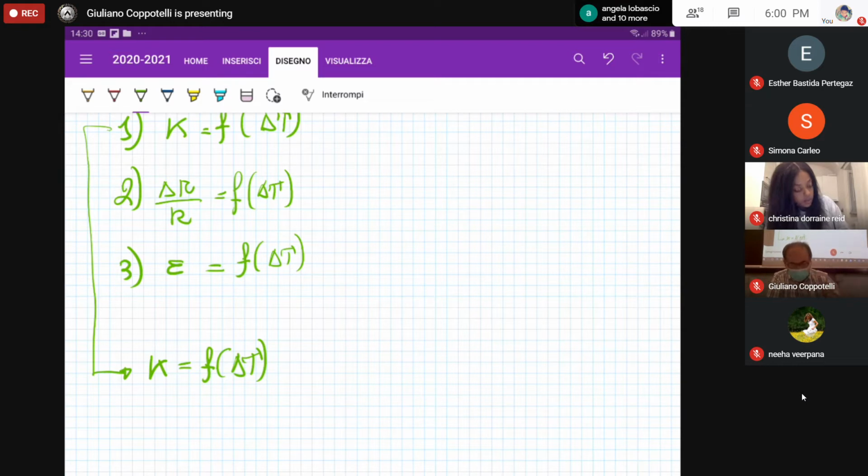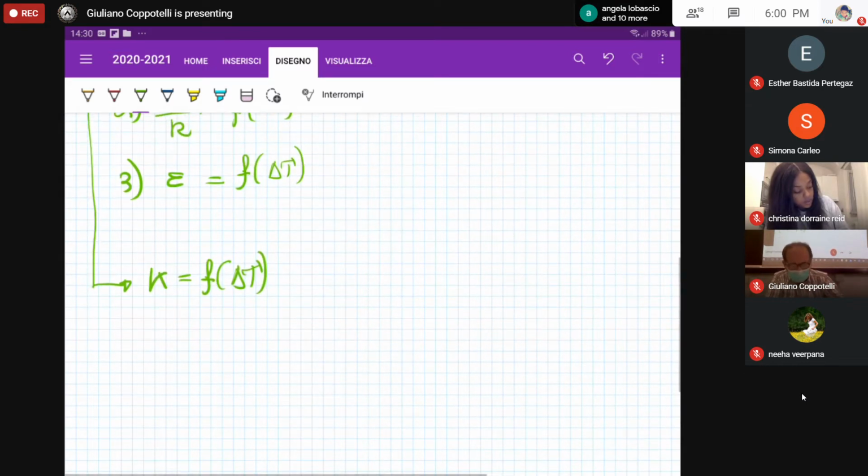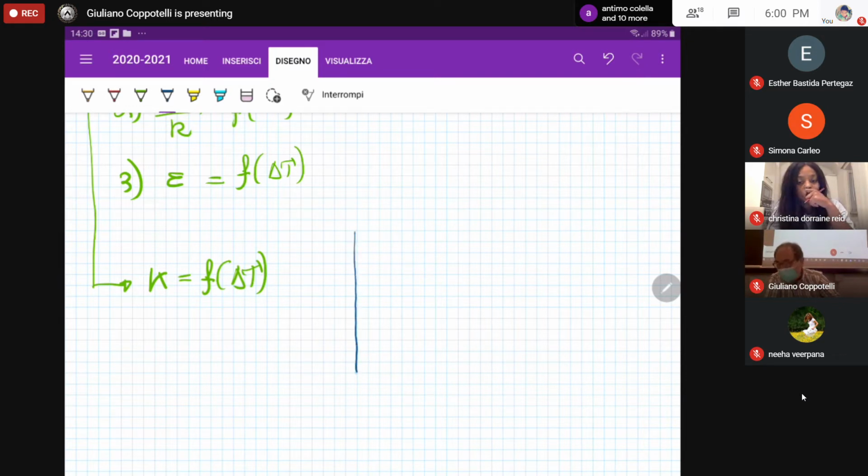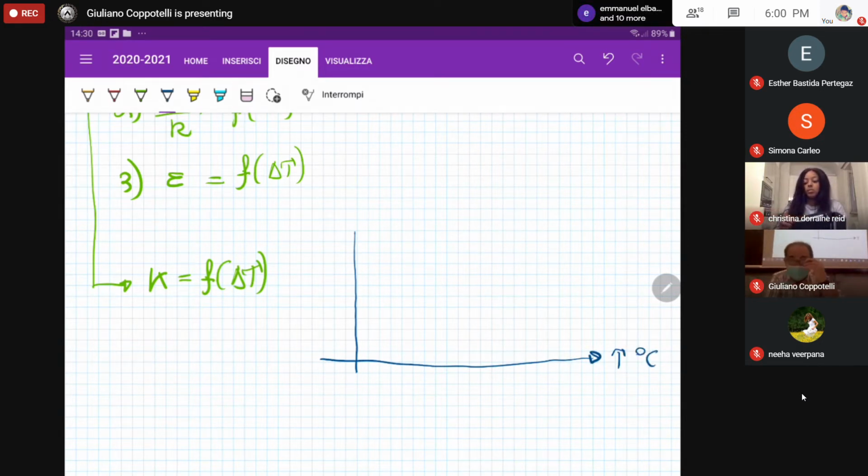So in order to characterize that, we are generally using a plot of this shape in which we are reporting in the y-axis the temperature, let's say Celsius, and in the x-axis we are reporting the relative change of the strain gauge factor, for example, in percentage.